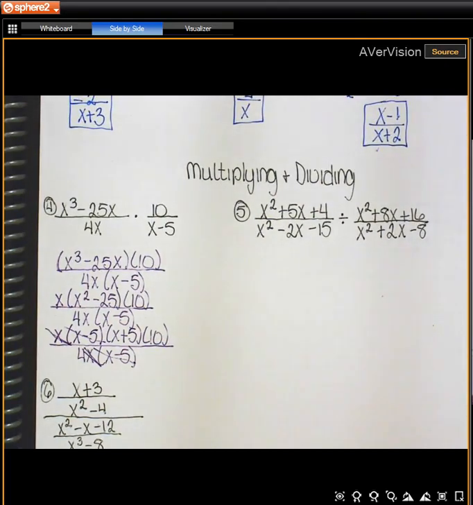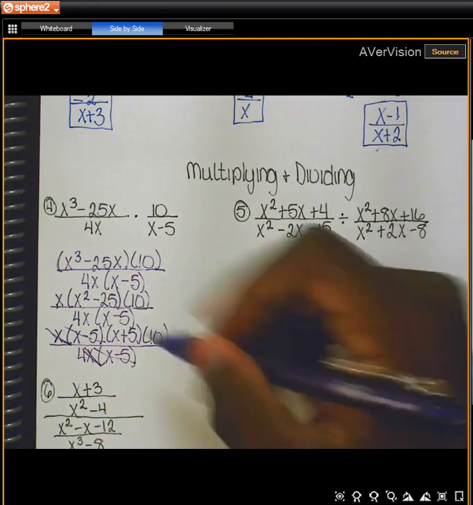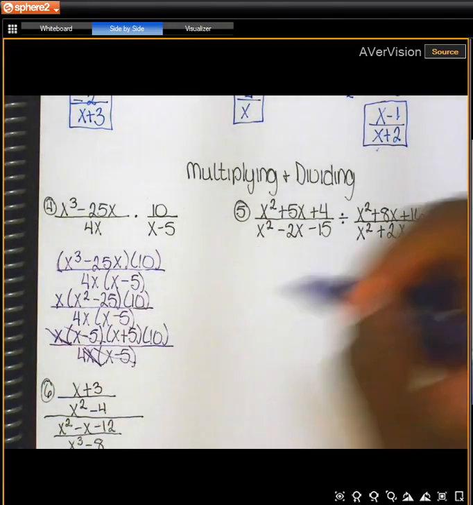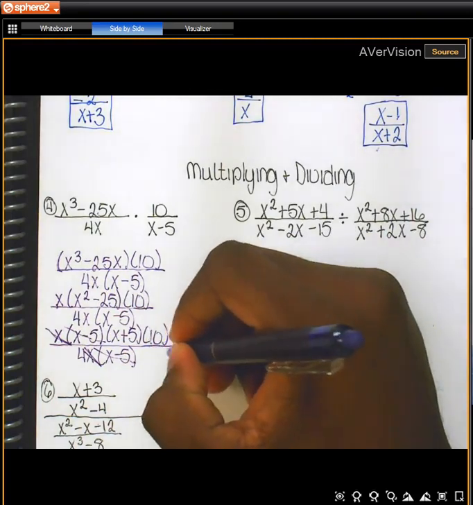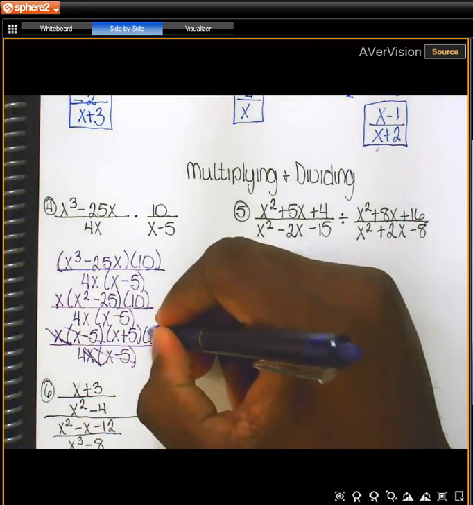What else can be simplified? The hint is it doesn't have an x. Yes, the 10 and the 4 can be simplified to what? Yep.